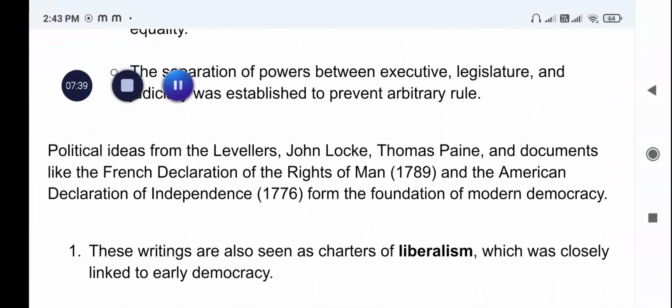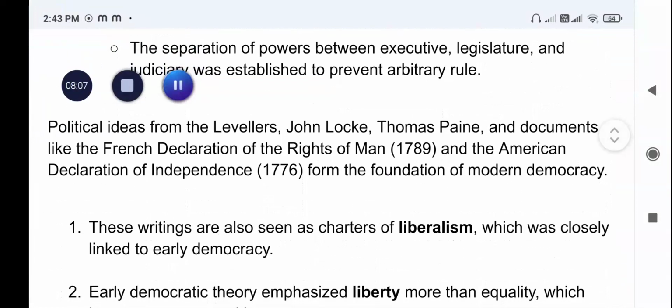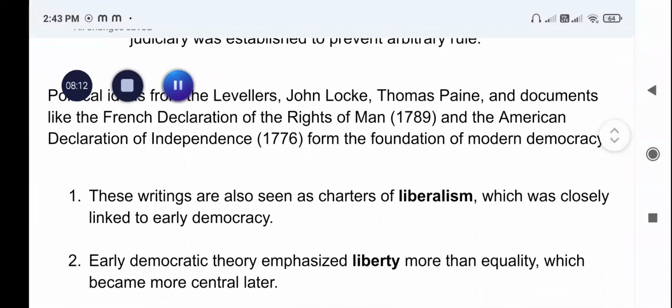Political ideas from thinkers like John Locke and Thomas Paine, and documents like the French Declaration of the Rights of Man and the American Declaration of Independence, became the foundation of modern democracy.